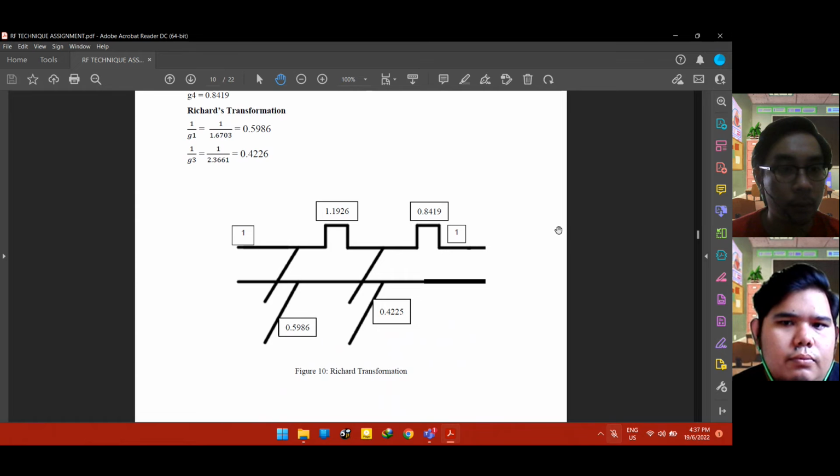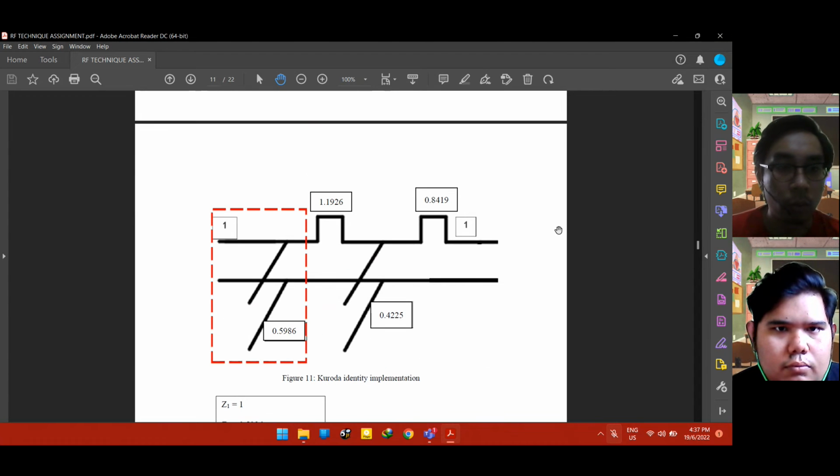For the capacitor, I will calculate. For the inductance, I will not calculate. So based on this Richards transformation, I calculate the capacitor, and the inductance I will remain the same one. Okay, next.